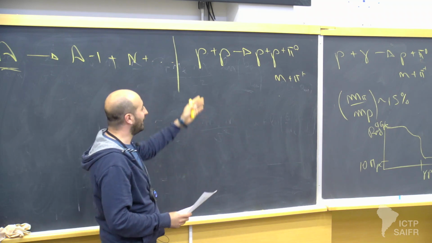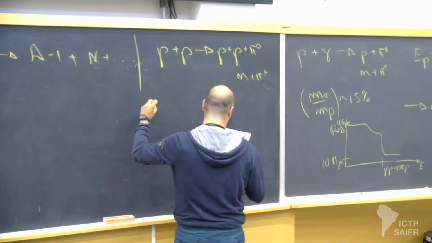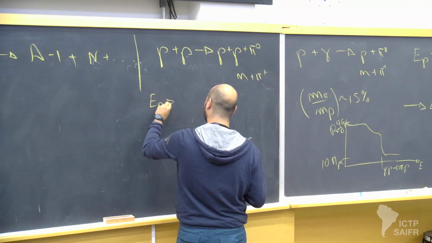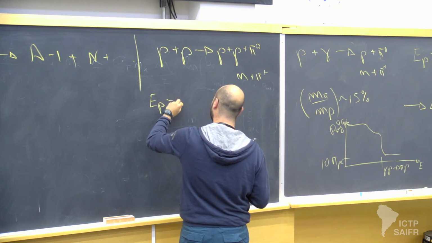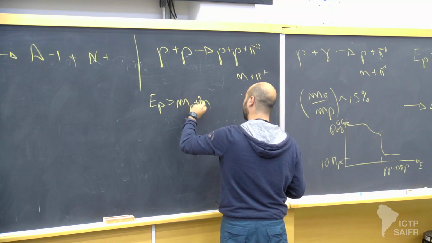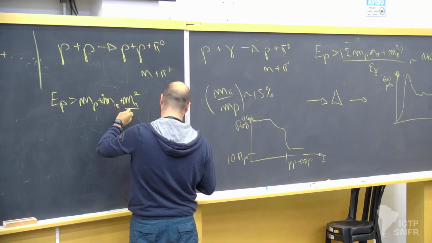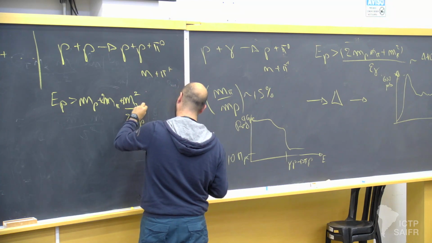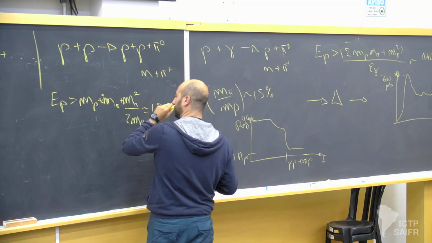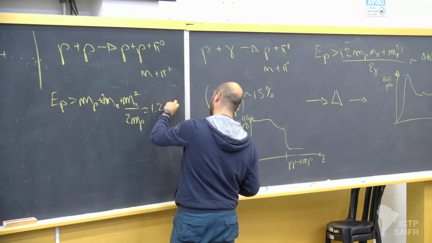Okay, you can compute the threshold for this process to take place. By now you should be familiar with this trick, and at the end you need not much actually. Twice m pion plus m pion squared over 2 mass of the proton, which is not more than something like 1.2 GeV.